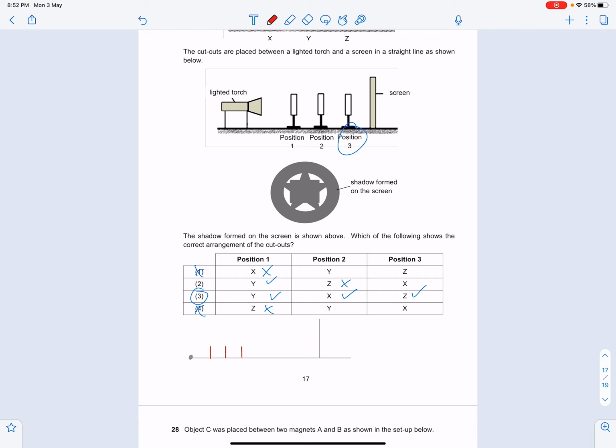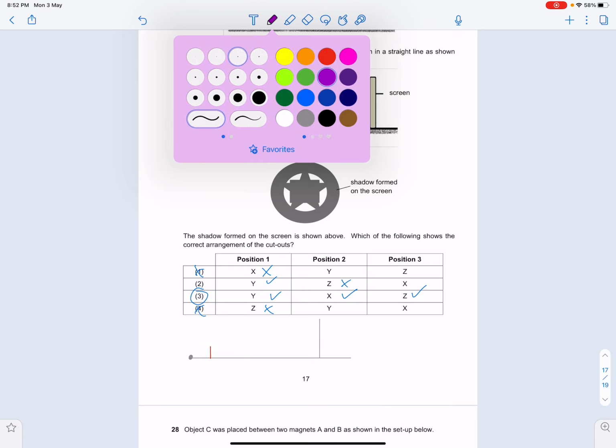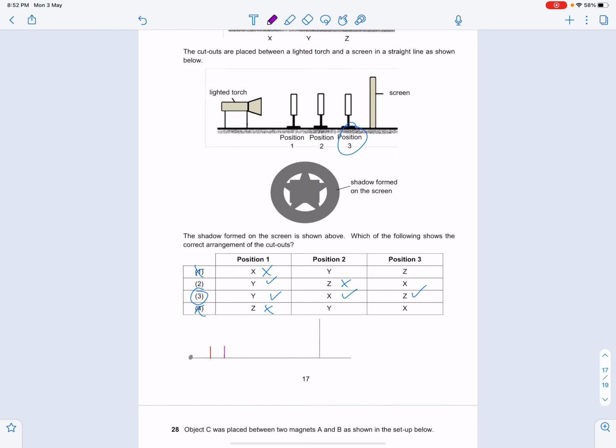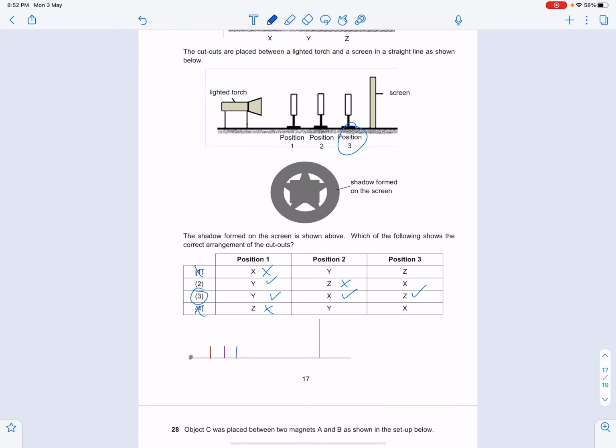Sorry, can I just redo this in different colors so that you can see it better? So I have red, purple, and blue. These 3 have the same height. Now, join the dot over here, corresponding with the color, and touch the screen.